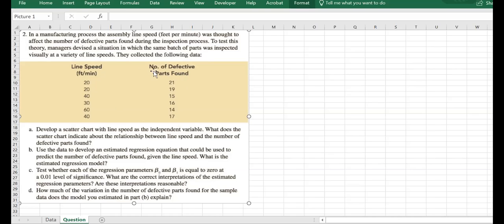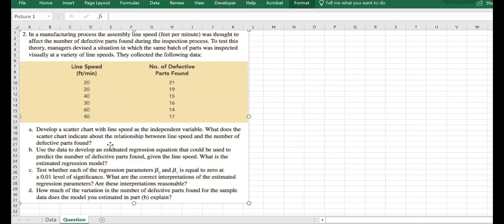We want to understand the relationship between the line speed and the number of defective parts that are found, probably per minute. So we want to develop a scatter chart just to visualize the relationship, and then we want to comment on the relationship.